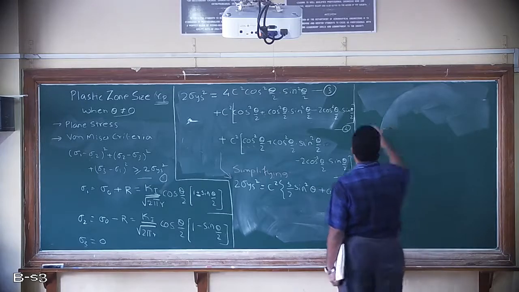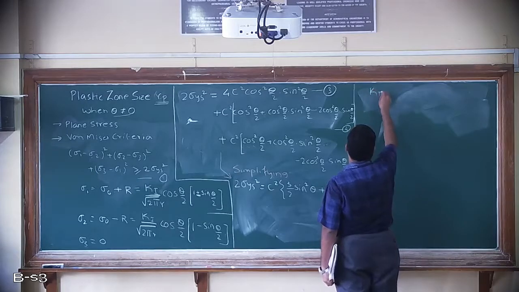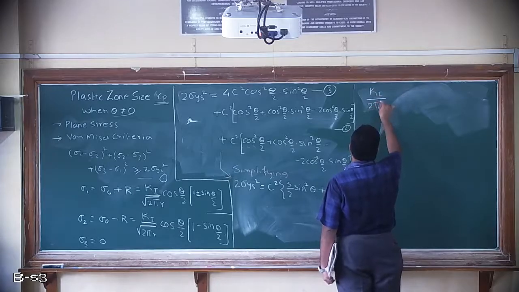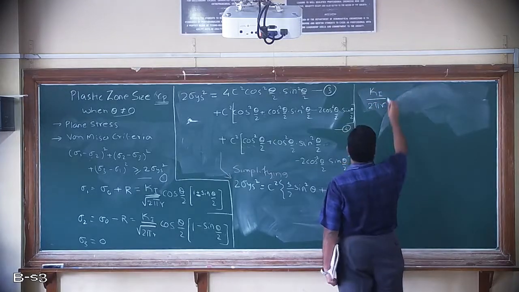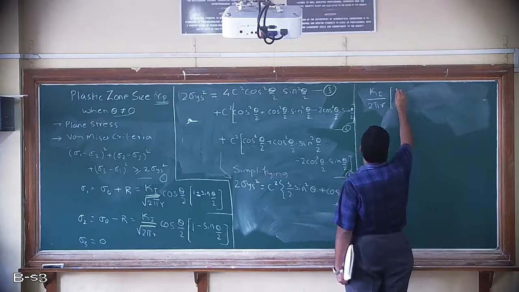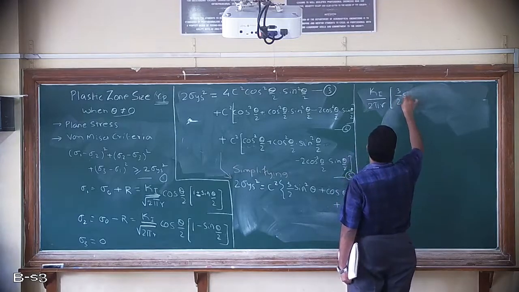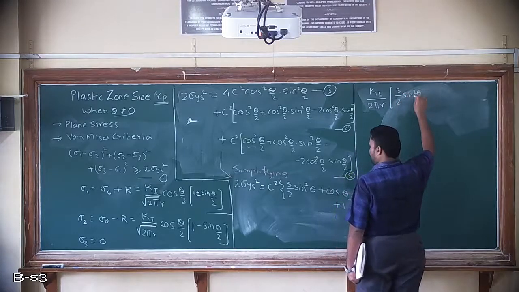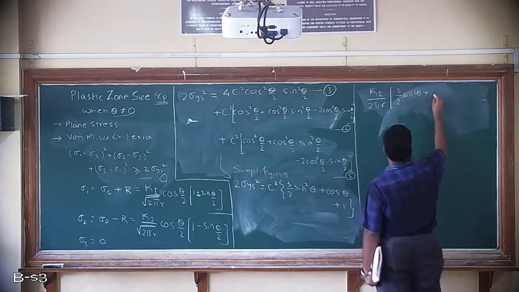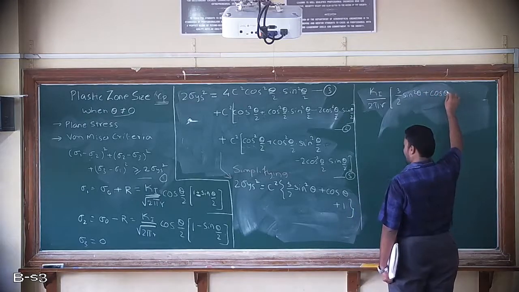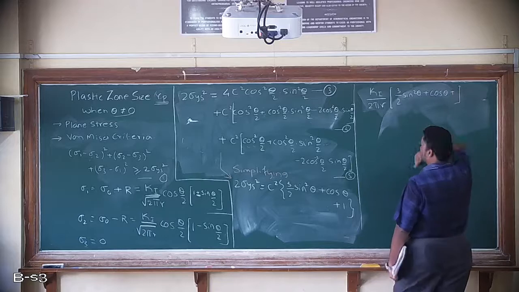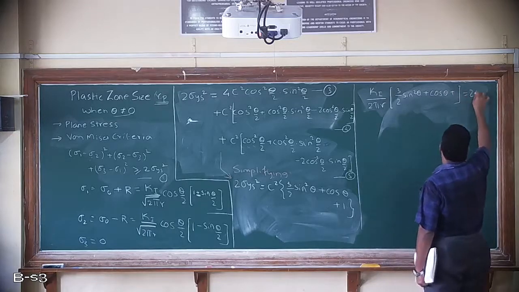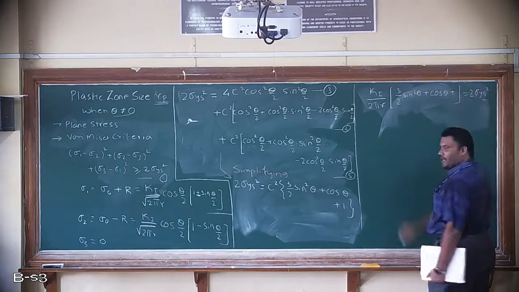So we'll substitute back to c square, that will be KI upon 2 pi r into 3 by 2 sin square theta plus cos theta plus 1. This will be equal to 2 sigma ys the whole square.